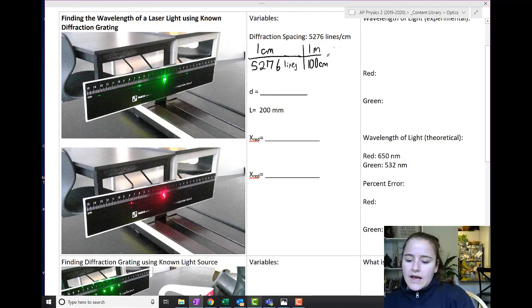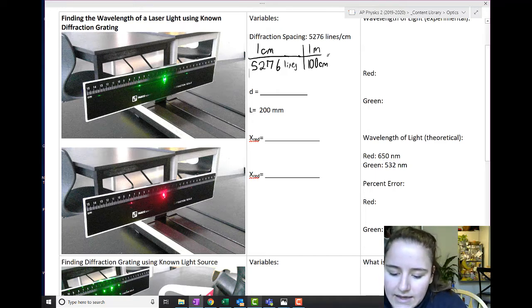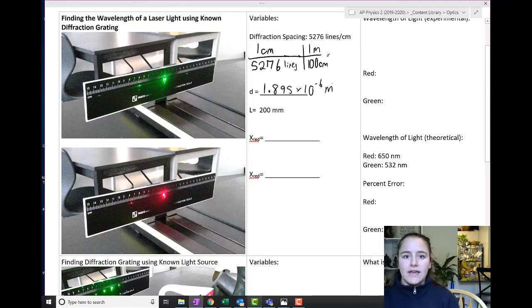Okay, so I can plug that into my calculator. 5276 divided by 100 in scientific notation, and we get a spacing of 1.895 times 10 to the negative 6 meters.